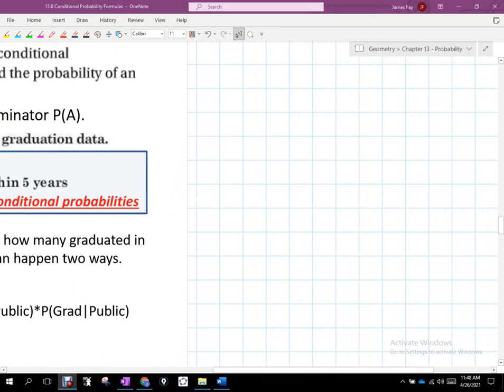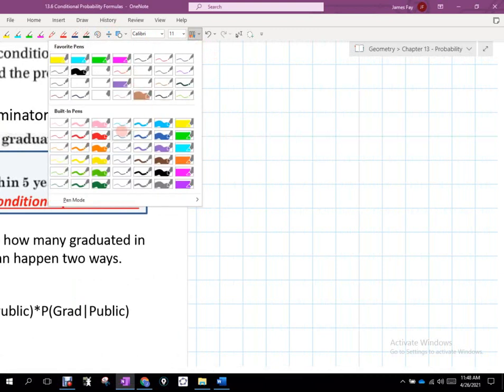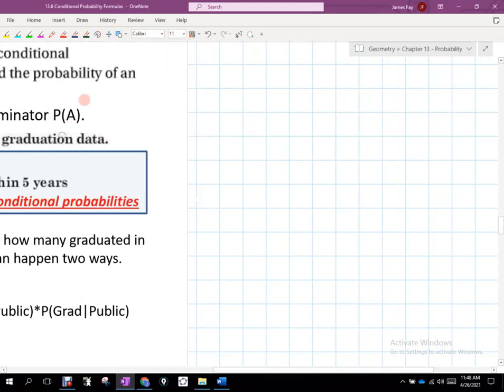Now, we also drew a comparison to maybe understand where that came from. I think what we talked about was, let's say we have 3 red marbles and 7 blue marbles, okay?